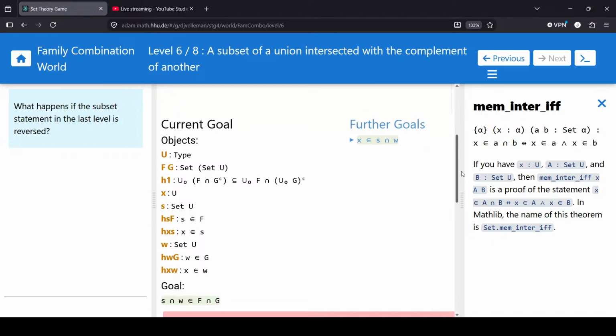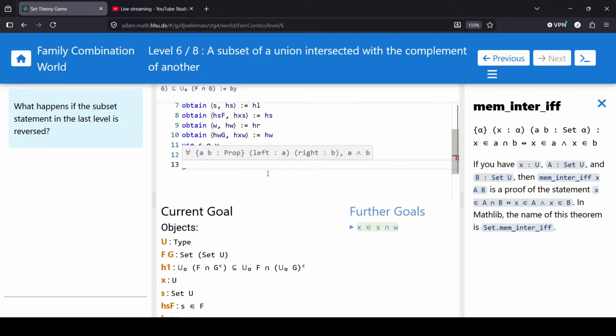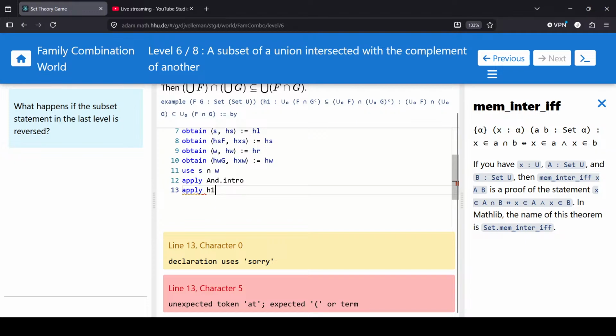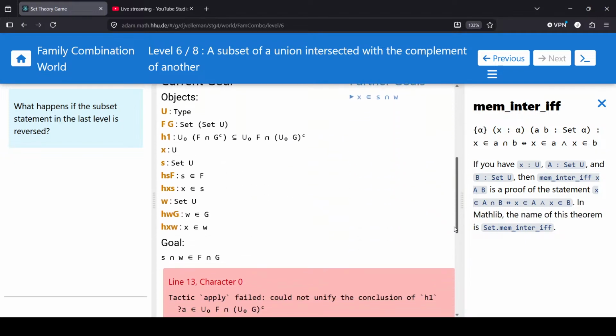So F, you're on this side. G on this side. So that kind of correlates with this. What if I want to apply H1 though?